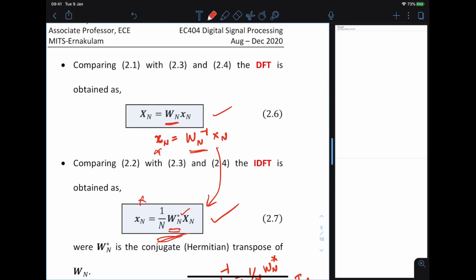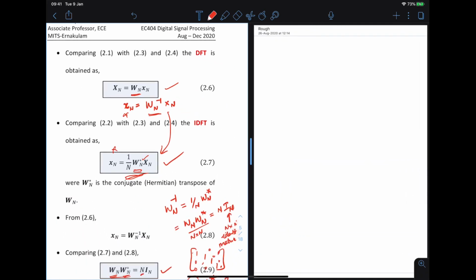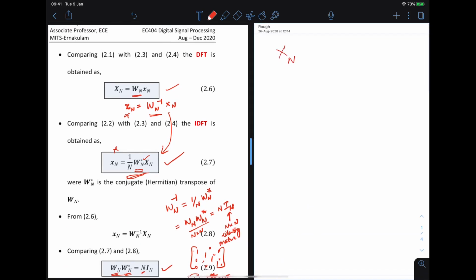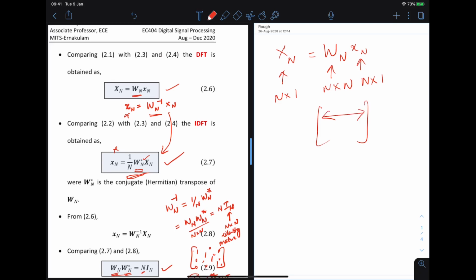If you look at this expression 2.6, x of n, which is of size n by 1, is equal to Wn, which is of size n by n, times small x of n, which is of size n by 1. So in Wn, let us take a single row and a single column of x of n.